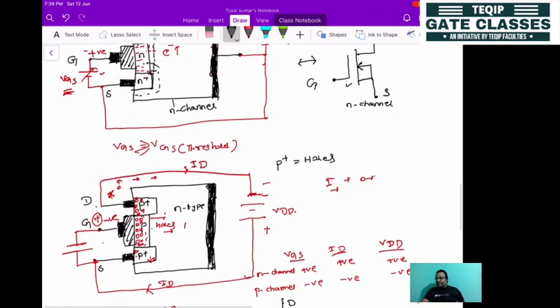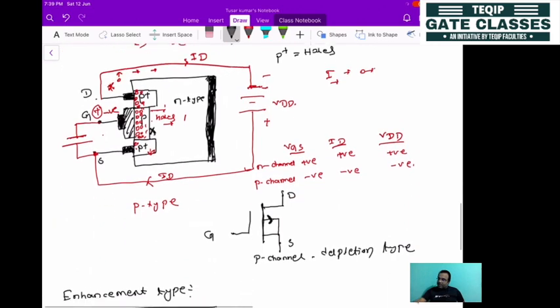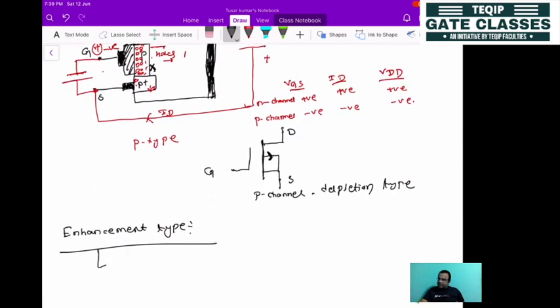The only change, as far as the P channel and N channel are concerned, is that this middle P layer, and in case of N channel this middle N layer, will not be present. So what is the major point here? No physical channel is present.